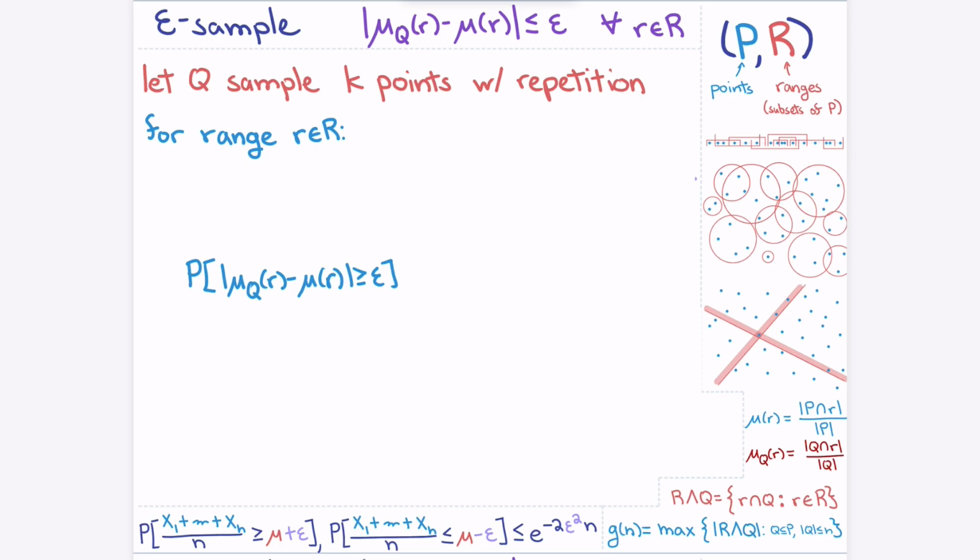So if something gets sampled 3 times, it counts as 3. That'll get you a good average. But I want to analyze the probability of error, the divergence from the mean.